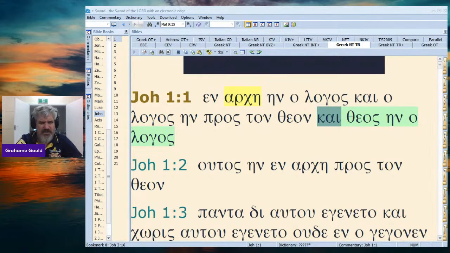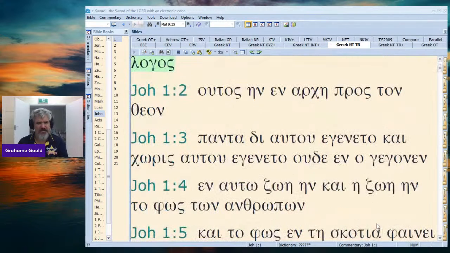There are other ways to learn Greek as well. Nicholas is creating an English help, I guess we could call it, for understanding the Greek words. And let's keep reading.